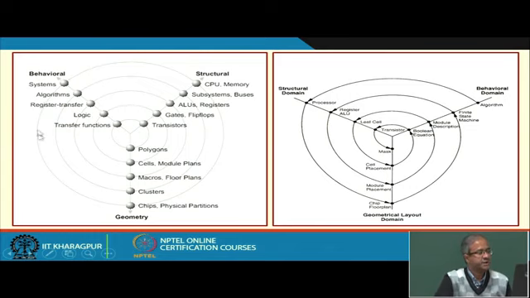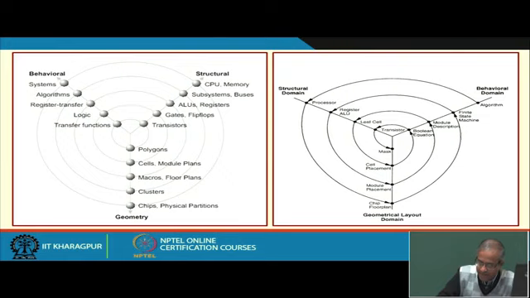Here, as you can see, we have drawn imaginary concentric circles which are touching one of the points along each of the three arms of the Y. For example, in the behavioral level we have a node called systems. The equivalent node in the structural level says CPU, memory, and the equivalent one at the geometrical level says chips or physical partitions. So, what does this represent? I am just trying to show you.